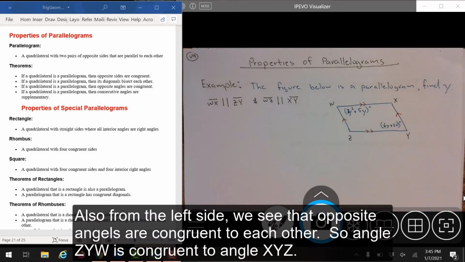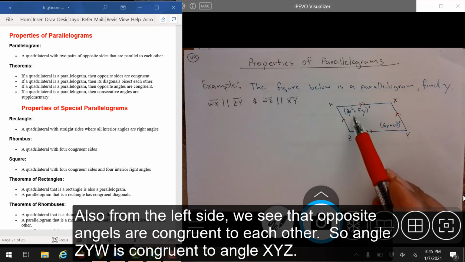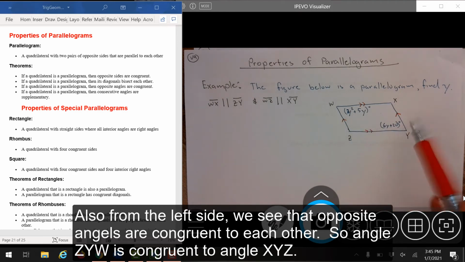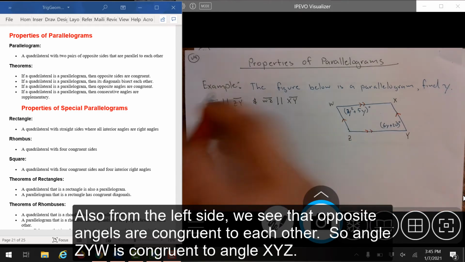Also from the left side, we see that opposite angles are congruent to each other. So angle ZYW is congruent to angle XYZ.